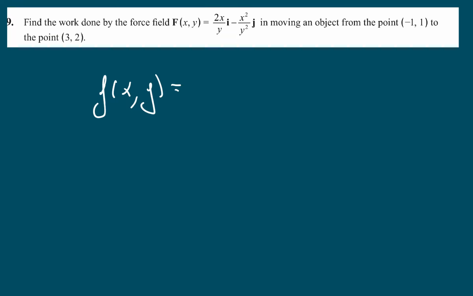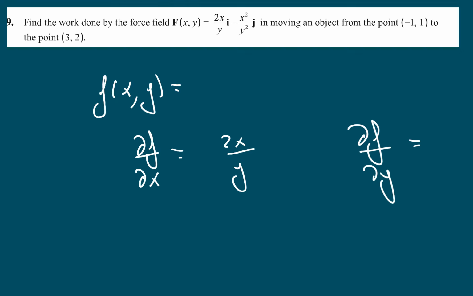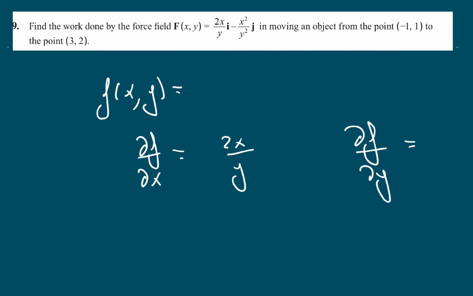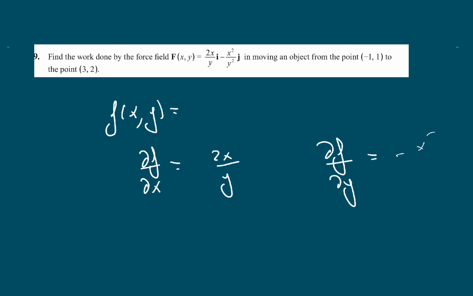What is the function whose derivative with respect to x gives 2x divided by y? And whose derivative with respect to y is minus x squared divided by y squared?